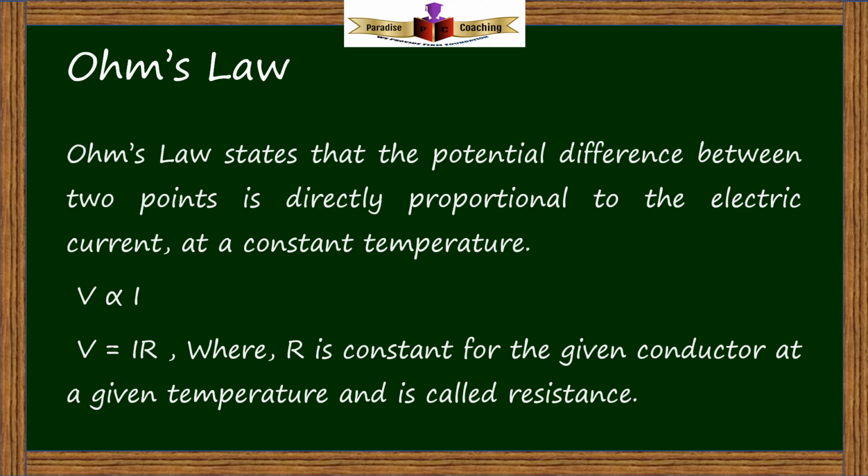Okay, so now with these three things, the electric current, the potential difference and Ohm's law, we get the basis to understand the term resistivity. Now the obvious questions are: what is this resistivity?